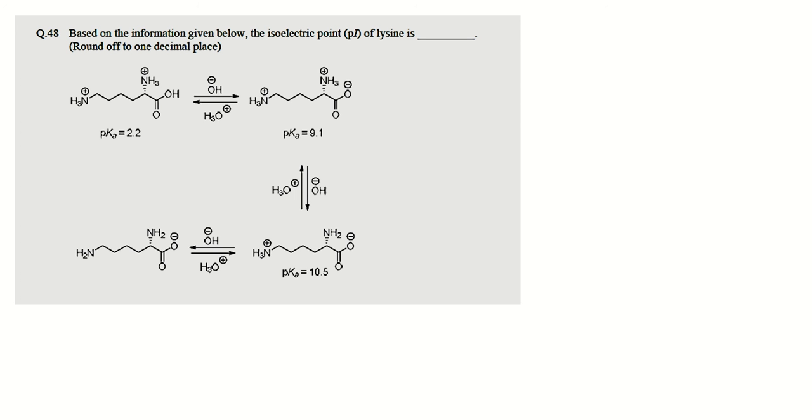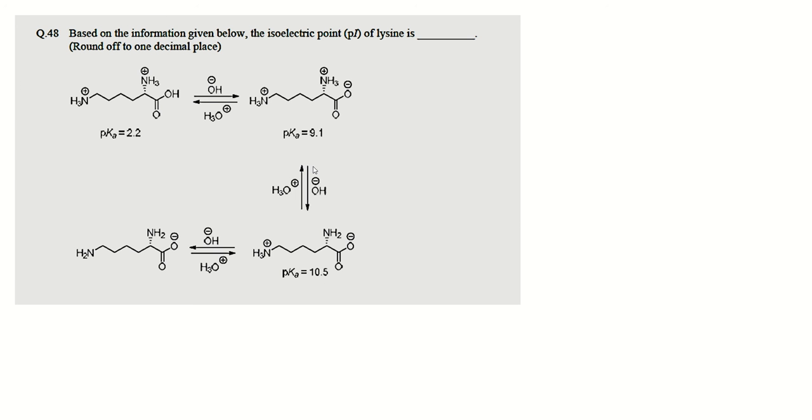For acidic amino acids, the two pK values should be less than 7. Here the two pK values are more than 7, which means it is a basic amino acid.